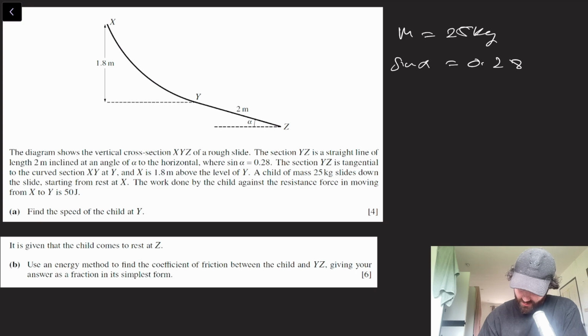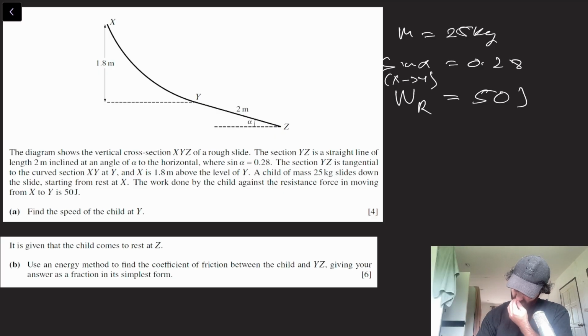The work done against the resistive force in moving from X to Y is 50 joules.